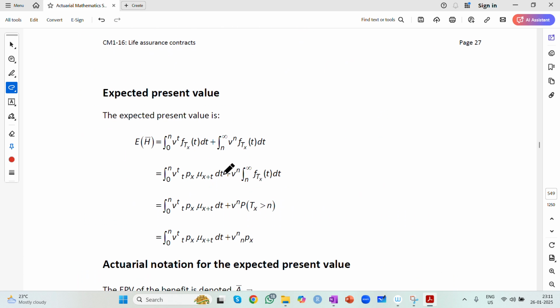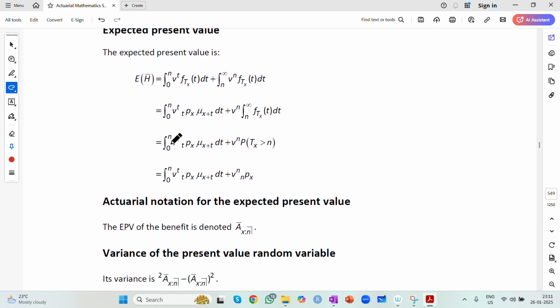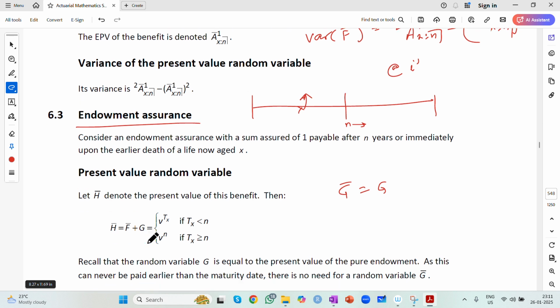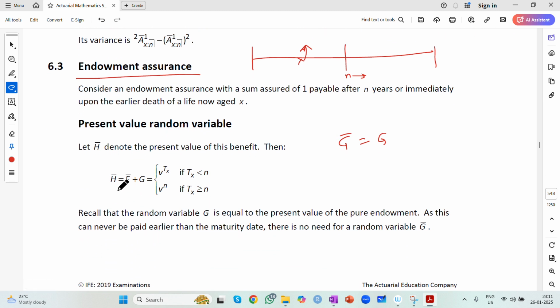As usual, the expectation of h bar will be simply the expectation of f bar plus g bar. In actuarial notation, the expectation of h bar can be written in terms of a bar x n. There is no 1 over x, there is no 1 over n.